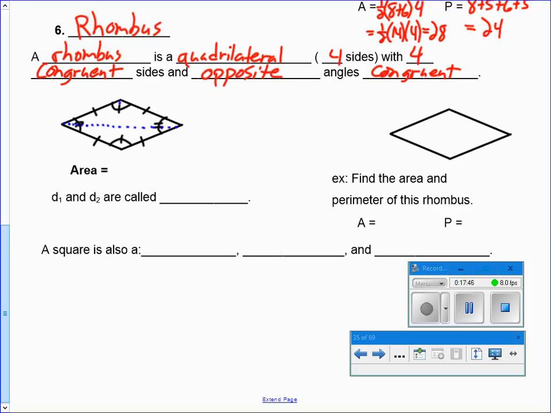So connecting opposite corners of the shape. Call one of them D1, call the other one D2. These are called the diagonals. To find the area, we actually use these two numbers. We take half of the product of the diagonals, so 1/2 times D1 times D2.